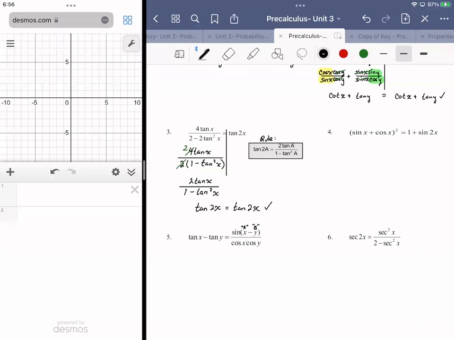Now, looking at number 4, you see we have the sine of 2x on the right-hand side, but the left-hand side actually looks more complicated. So I'm actually going to work that side.